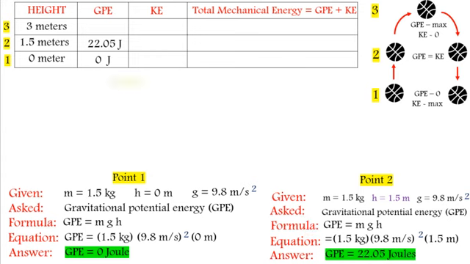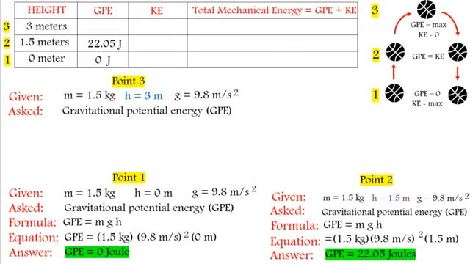And the last point is point 3. The givens are the following. Mass remains the same, 1.5 kilograms, while the height now is at 3 meters and the gravity is constant at 9.8 meters per second squared. And then we are looking for the same quantity, which is the gravitational potential energy. And we can use the same formula, GPE is equal to mgh.